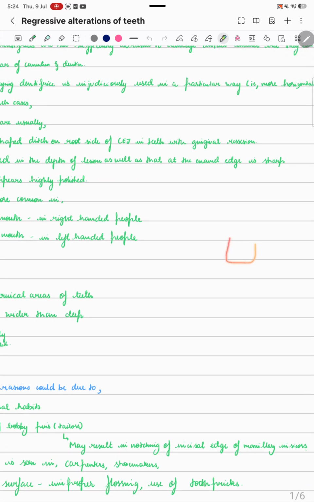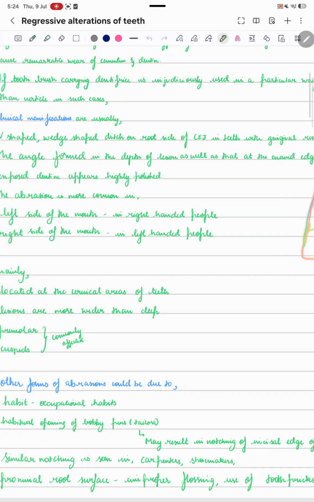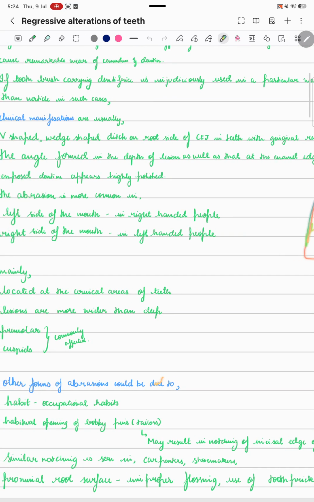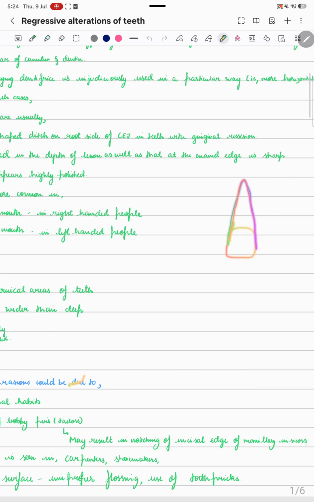So let's just say this is the tooth. I'm drawing an incisor. On the root surface of the incisor there is a wedge-shaped ditch at the CEJ with gingival recession. The lesion is usually formed here at the cervix of the crown and the beginning of the root.